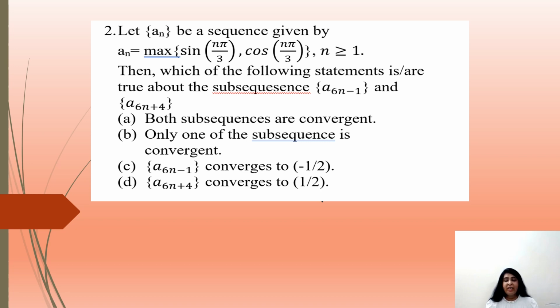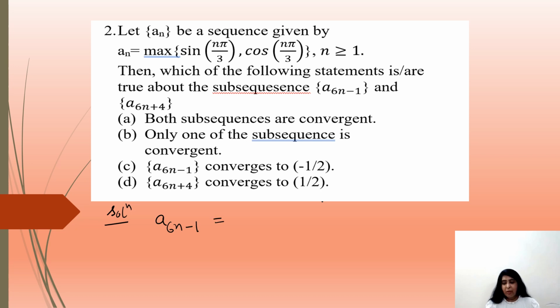So if we are getting the value of the subsequence as finite, then it is convergent. So let us see. An is given to us. Then what will be A 6n minus 1?